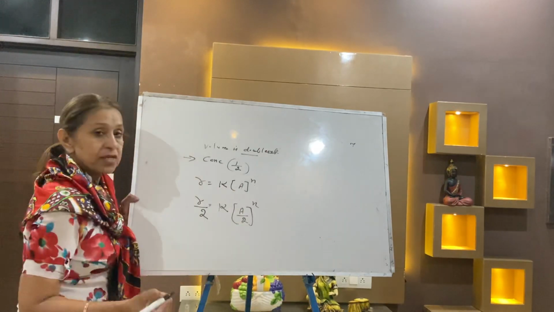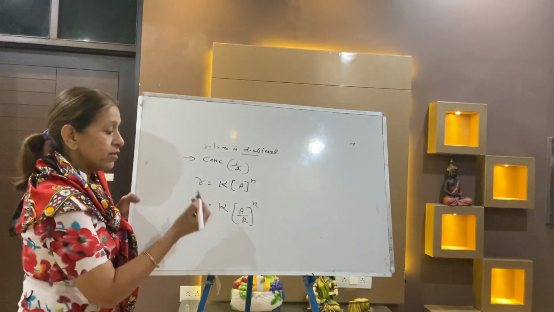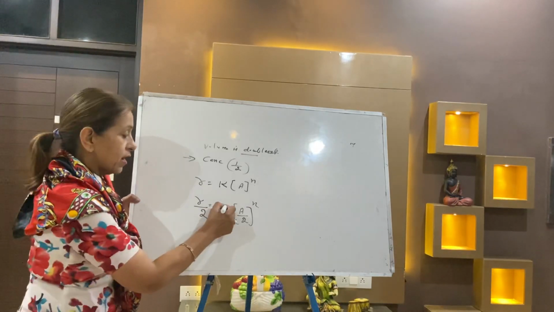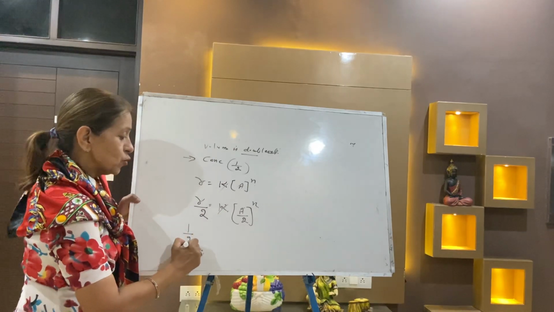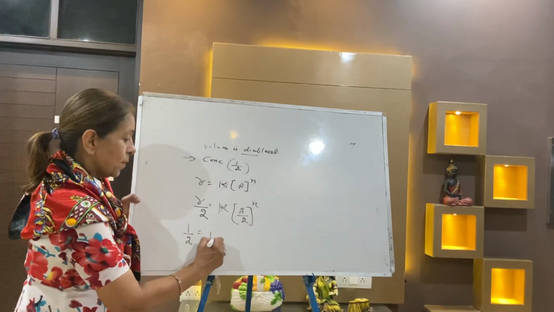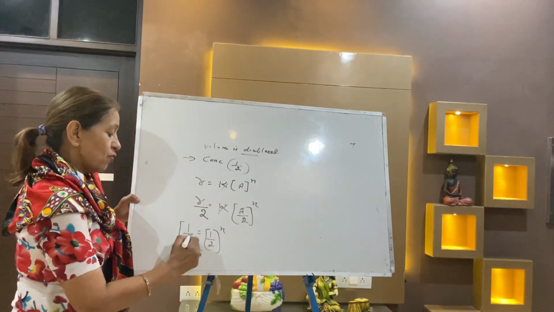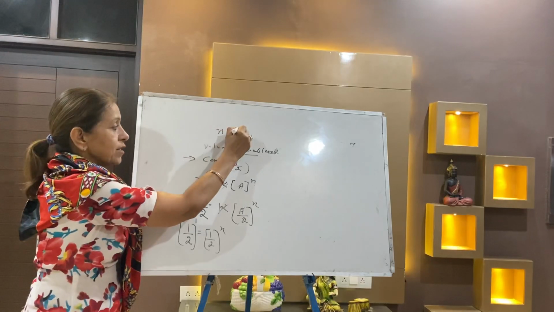So you divide these two equations, R and R by 2. Your answer will come. K cancels, A cancels. Your answer is 1 by 2 is equal to 1 by 2 power n. Bases are the same, so n is equal to 1.